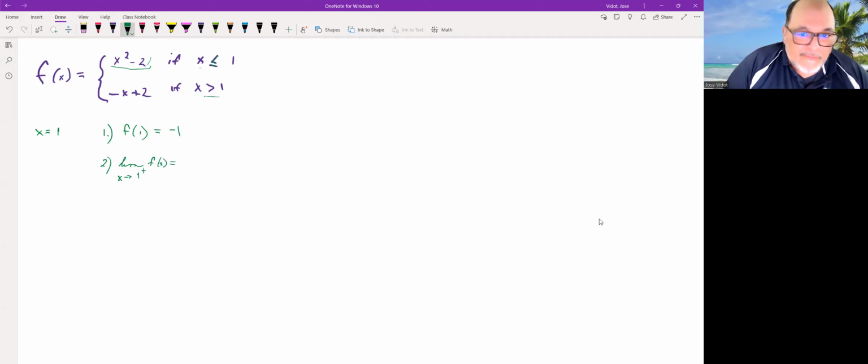If you're coming in from the right, here's my number line, right? Part of a graphing system here. And here is 1. If I'm coming in from the right, this is where x is, you're approaching 1 from the right, you're going to be on the right side of the domain, which means you're going to be looking at this. Therefore, you'll be looking at this equation here, right?